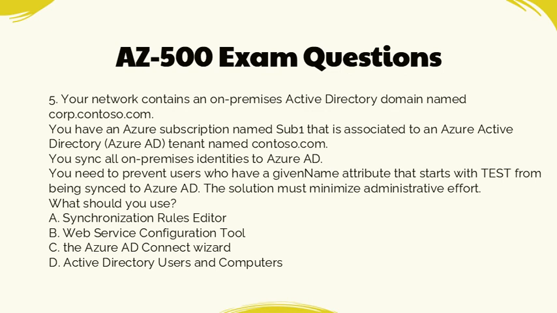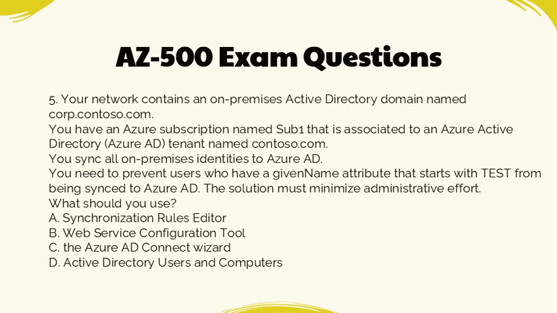5. Your network contains an on-premises Active Directory domain named corp.contoso.com. You have an Azure subscription named Sub1 that is associated to an Azure Active Directory, Azure AD, tenant named contoso.com. You sync all on-premises identities to Azure AD.